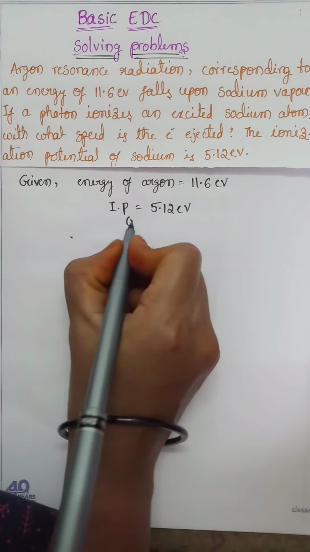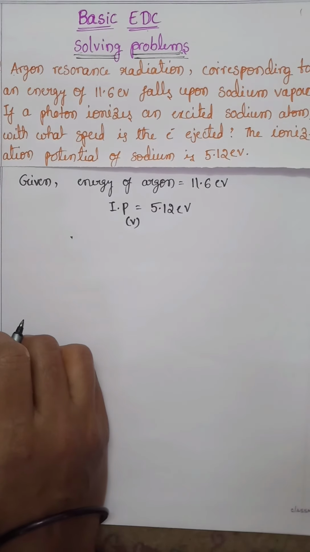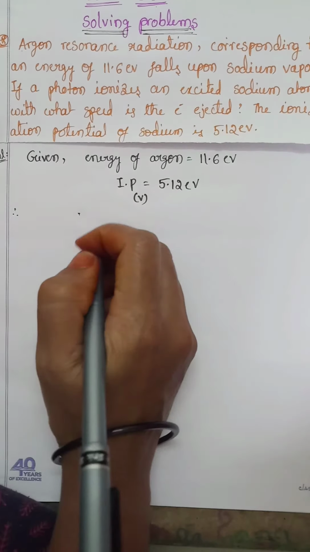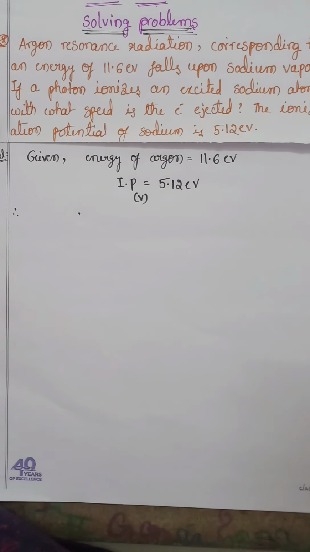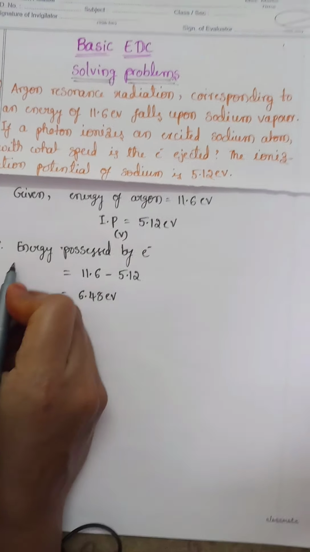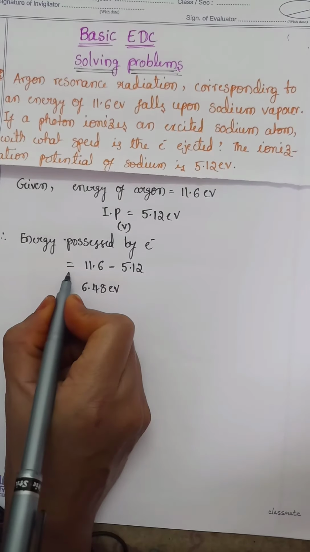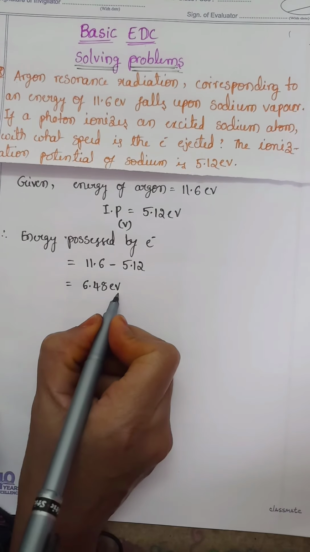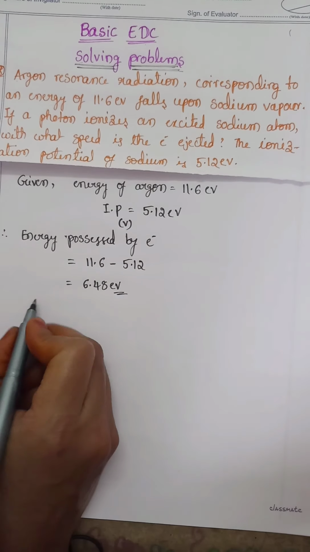Let us say this ionization potential as V. So, what is the definition of an ionization potential? Ionization potential is the minimum potential required to liberate an electron from its parent. So, the energy possessed by the electron is equal to 11.6 minus 5.12, that is equal to 6.48 electron volts.